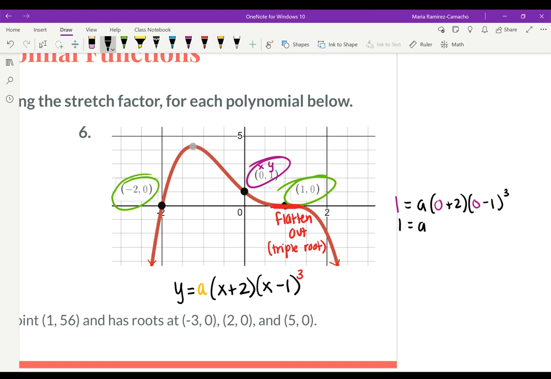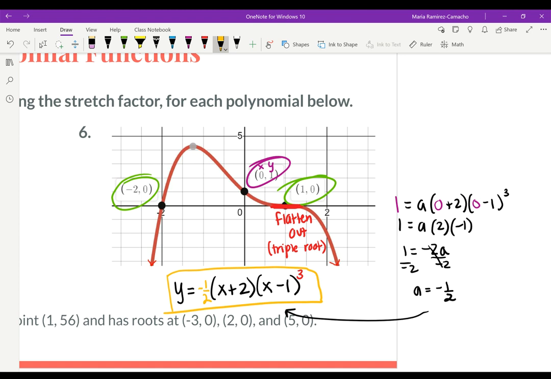We get 1 equals a times 2 times negative 1 cubed, which is negative 1. So 1 equals negative 2a. a is just negative 1/2. So that is going to be compressing our graph. Okay, let's plug it back in to our equation now that we know what a is. And there's our exact equation.